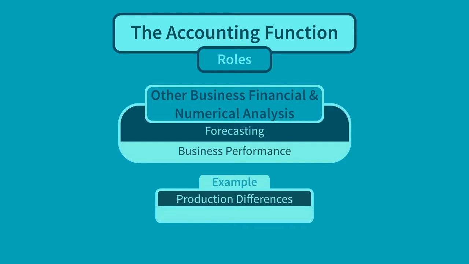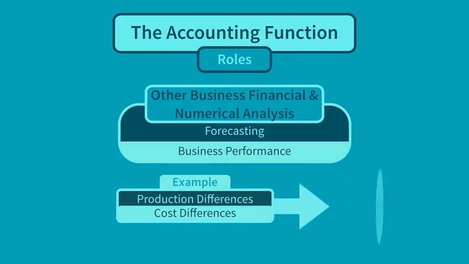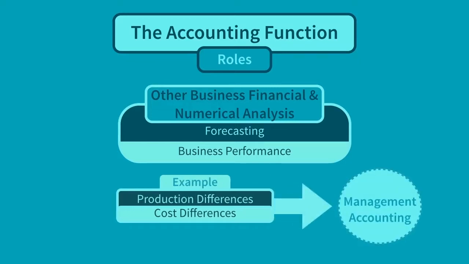It may also be evident from analysis that the costs being borne in one unit are higher than another unit for the same levels of production, prompting a more in-depth analysis. This type of function and business analysis is carried out by the management accounting section of the function.